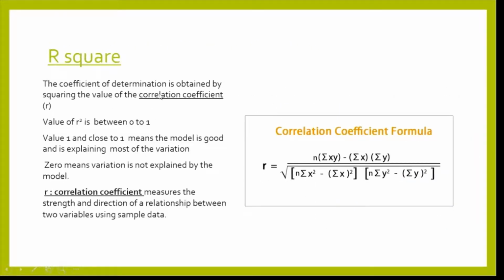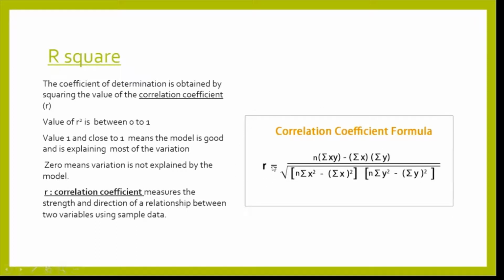So this R square is calculated by squaring the value of R. Now some new term is coming, which is the correlation coefficient, and the formula is given by n sigma xy minus sigma x sigma y divided by the square root of n sigma x square minus sigma x the whole square, into n sigma y square minus sigma y the whole square.